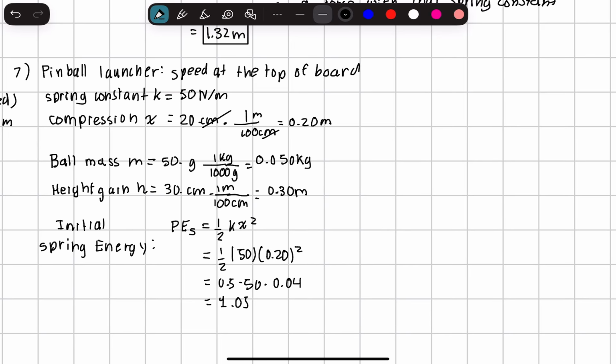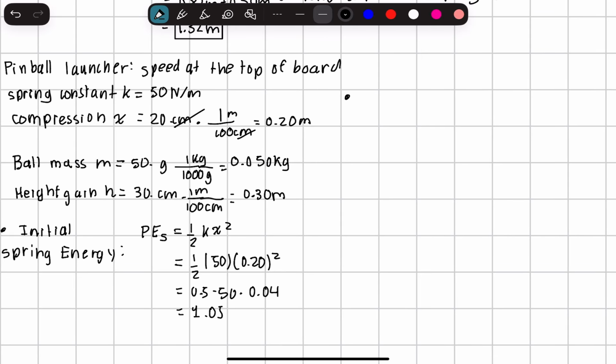But that's just one part of our step. We know that at the top, that energy is split into gravitational potential energy and kinetic energy.